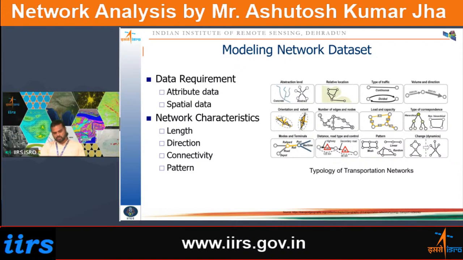Those junctions may be places where a U-turn is allowed or not allowed. All of that is required as part of your attribute data. And then there is spatial information. You need to have the exact location of each of those individual points and connectivity between them.